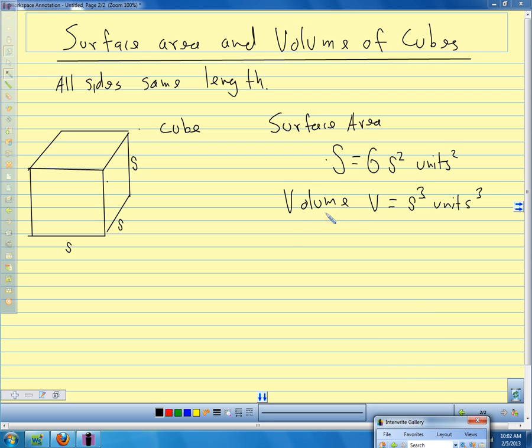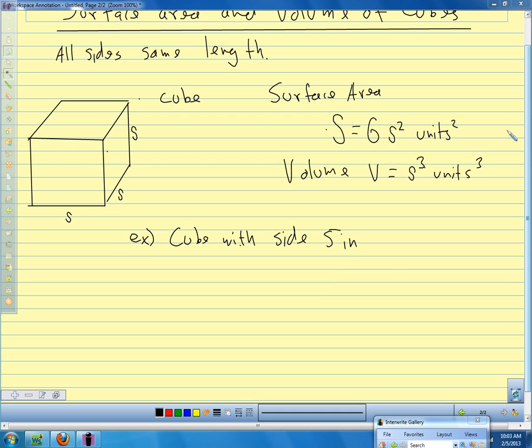So let's look at a quick example with a cube. We have a cube with a side of 5 inches. We want the surface area and the volume.